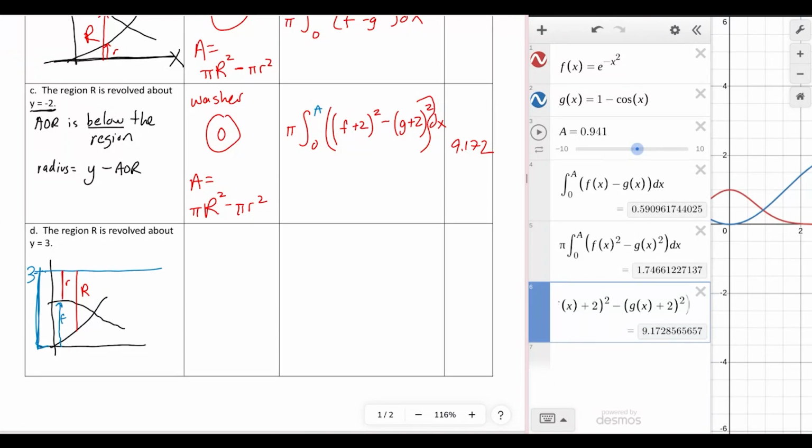So when you come up with the radius when the axis of revolution is above the region, it's going to be that axis of revolution minus the value of the function. This is when the axis of revolution is above the region.